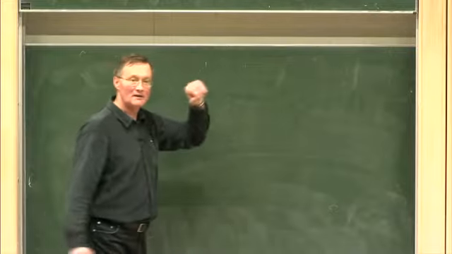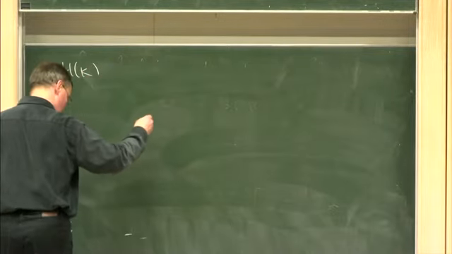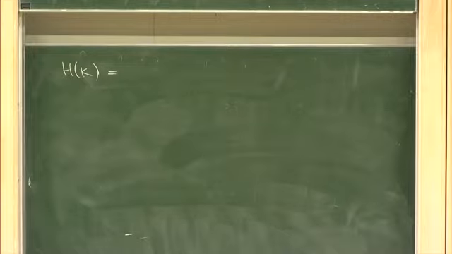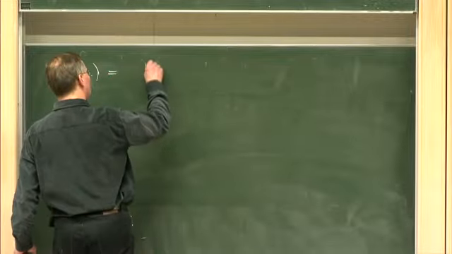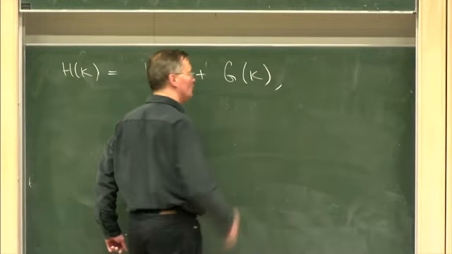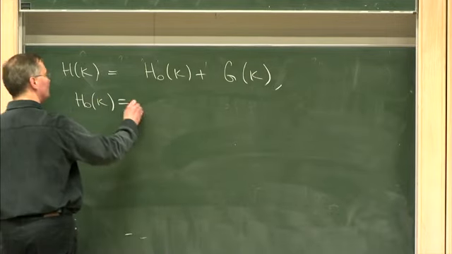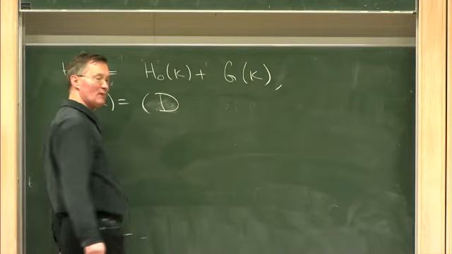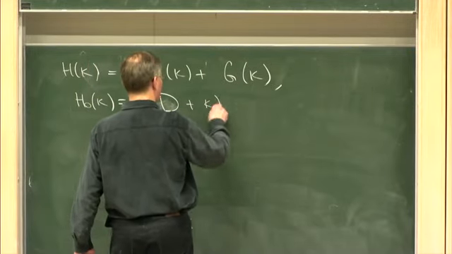Okay, now let's look at the operator H of k. When we look at the fibers, depending on the quasi-momentum, we get the following. We get H naught of k plus what I denote by G of k. H naught of k is the Floquet part, or let me denote this by D, which is the standard notation: (D plus k) squared.